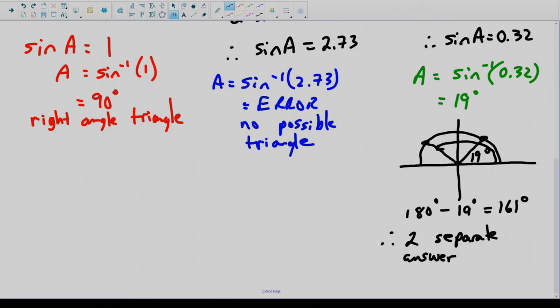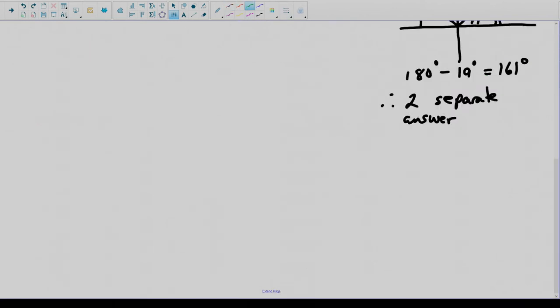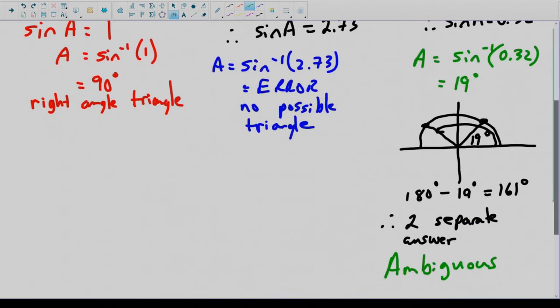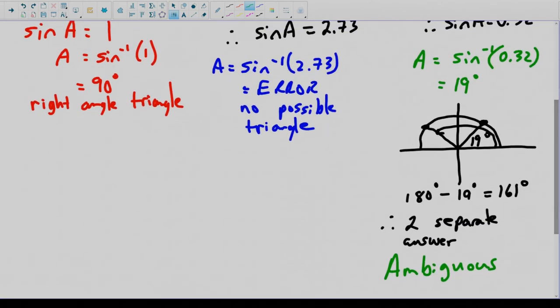And that particular case is what we call the ambiguous case. If you have a key value smaller than the other given side, and it looks like it's solvable, you actually have to consider 2 completely separate triangles with 2 different angles as the A angle to the solution to that question.